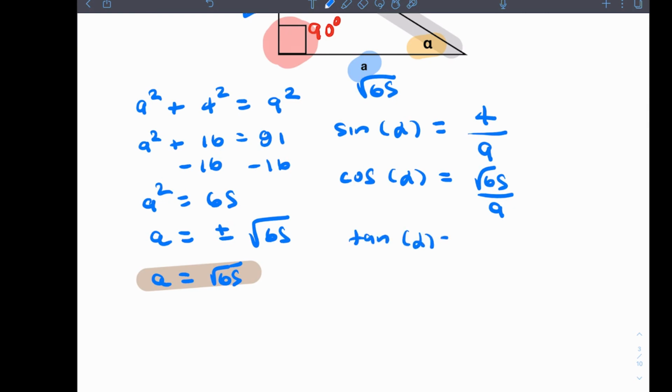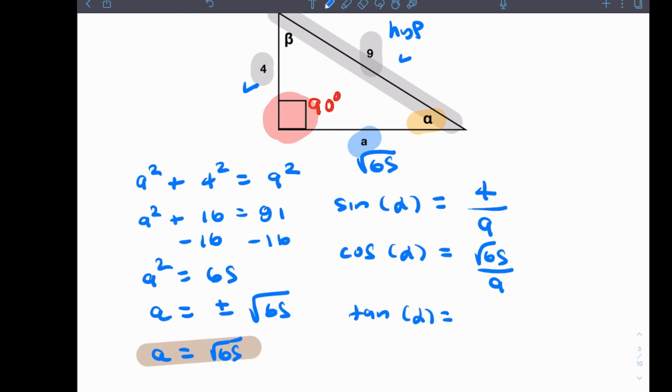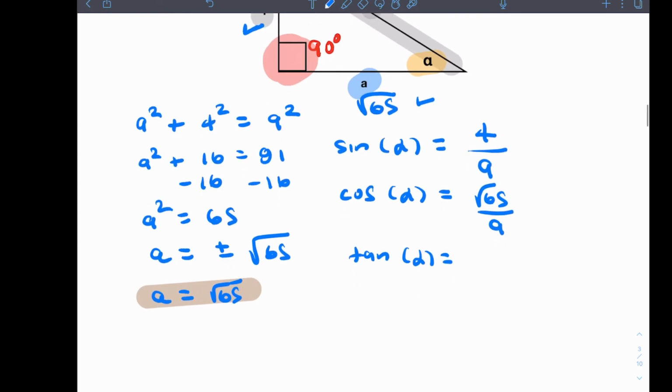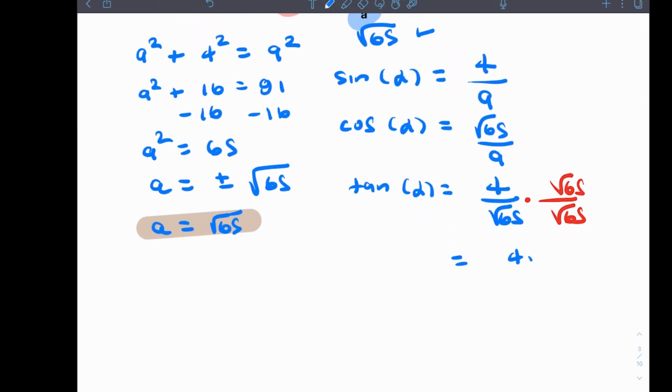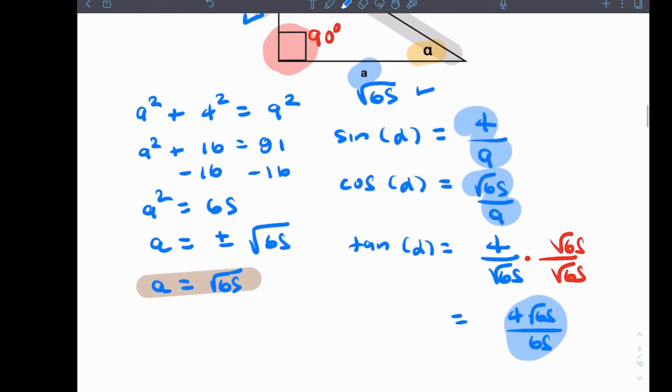Tangent of alpha, definition, opposite 4 over adjacent. 4 over the square root of 65. What do you guys know again? You have to what? Rationalize the denominator. So there you go. And there it is. Okay, so far so good.